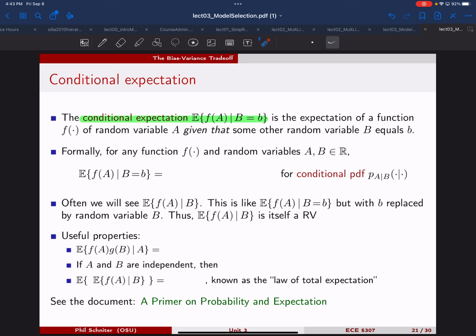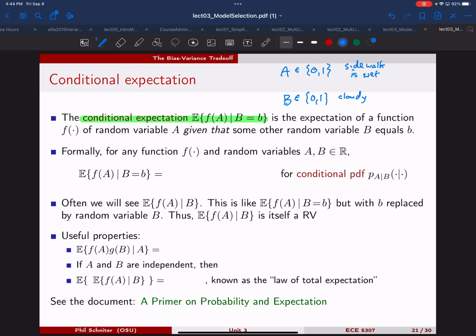So maybe random variable A is 0 or 1, which means the sidewalk is wet. Sidewalk is wet when it's a 1, sidewalk is not wet when it's a 0. And let's say that B, which will also be in 0 and 1, is that it's cloudy: cloudy if 1, sunny or not cloudy if 0.